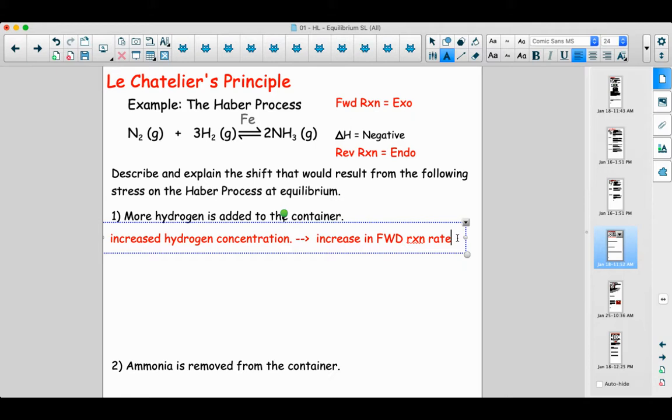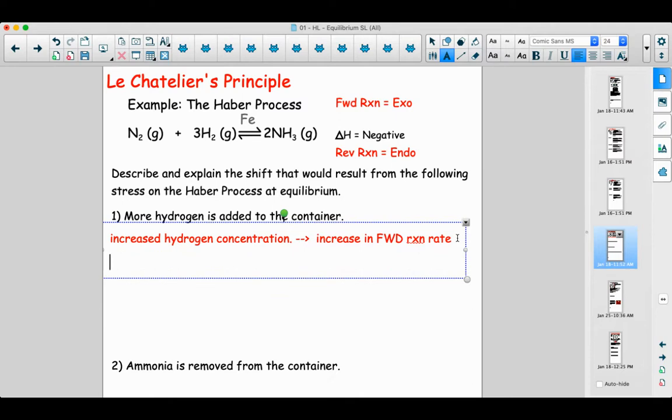The principle is more about the result, about what happens. So whenever I add something, the system ends up doing something that will lower what I added to get rid of the stress. So that's the shift. Le Chatelier's principle tells you what will happen. It doesn't do a great job of explaining why it happens, which is why I don't love it, but it will still work in terms of getting to the right answer.